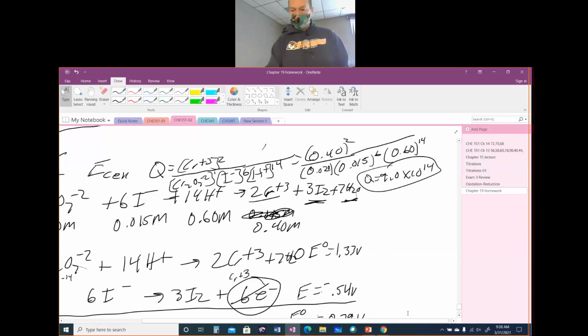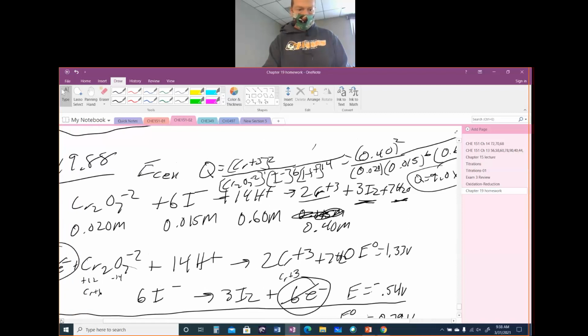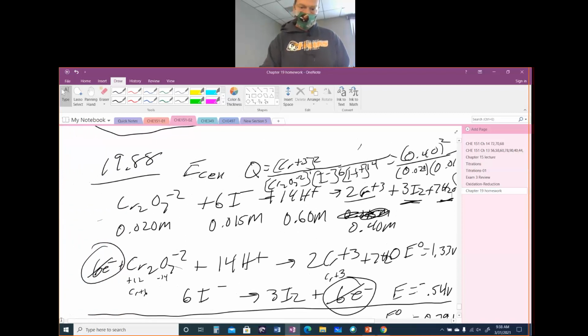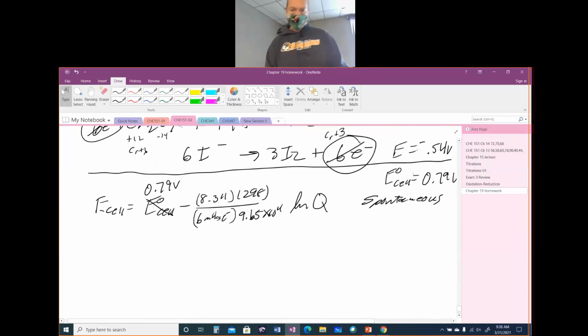So now we can plug that into our equation down here, 9.0 times 10 to the 14th, and then we can solve for E cell. All right, and when you push the buttons, you get 0.64 volts.